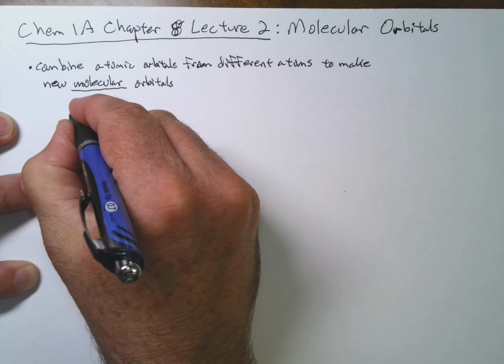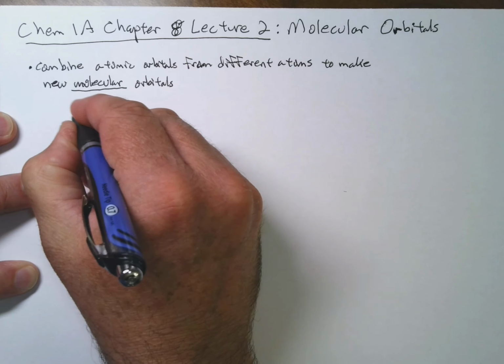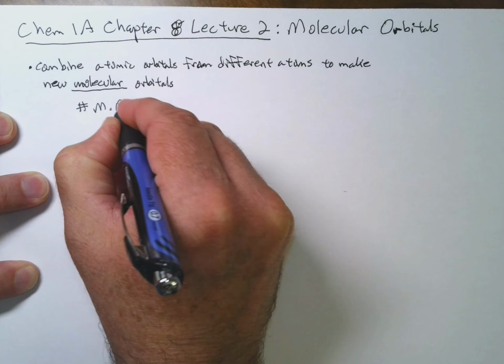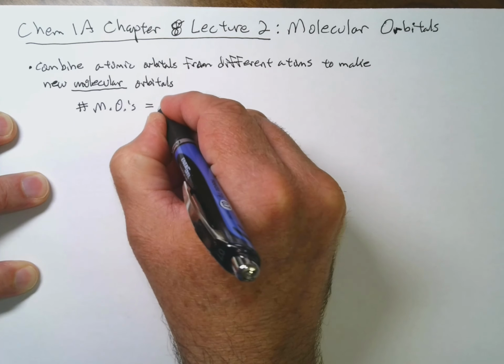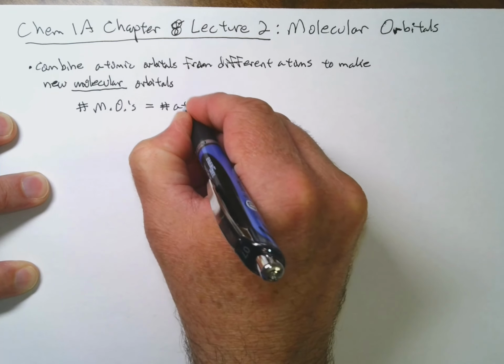And one important thing to remember is that the number of molecular orbitals, or MOs, is equal to the number of atomic orbitals used.